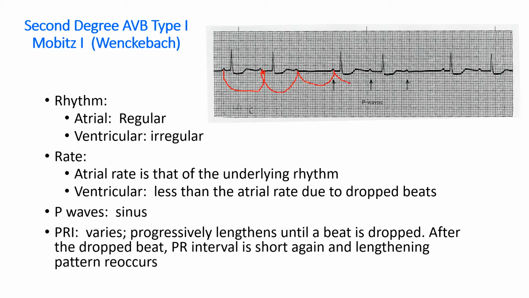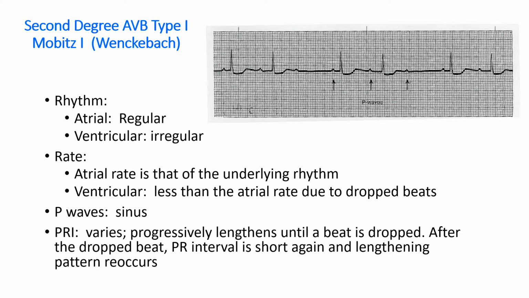It's firing, it's doing its thing, and if you map it out, it will map out. It is where the R waves are coming in, the conduction going down is varying and giving it an irregular rhythm. So second degree type 1 or Mobitz 1 has an irregular R to R.